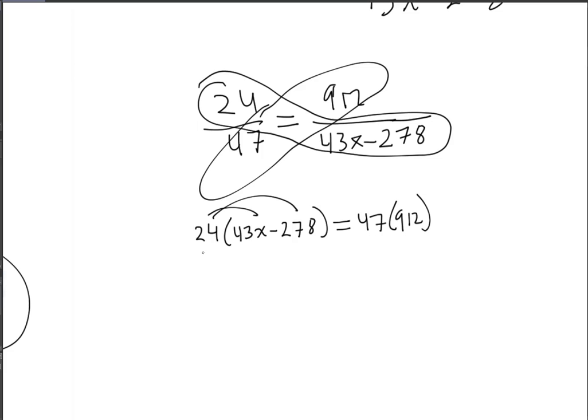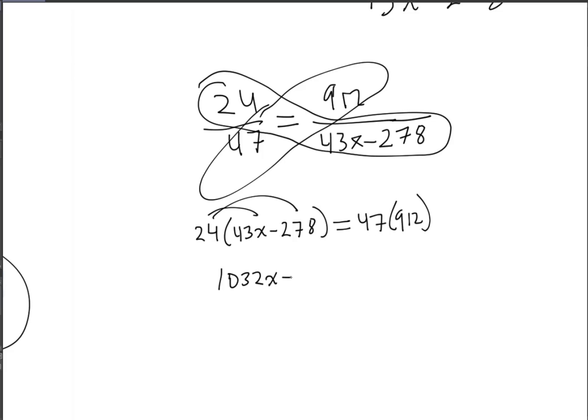24 times 43 is, let's see, 1032, right? So I have 1032... 24 times 278, really negative 278, right? Oh, sorry, that's 1032x, okay, very important.